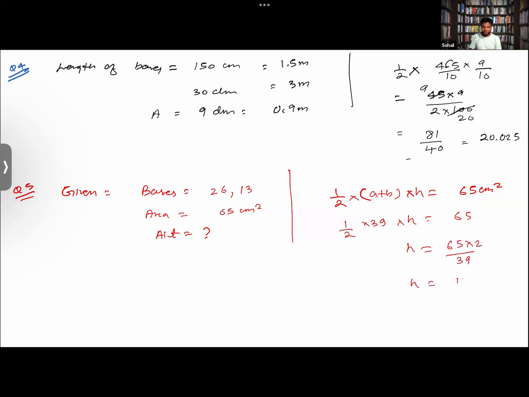So height equals 130 upon 39. Now we can also do 2 ones are 2 and 2 into 13, and 13 ones are 13. We can do that as well. 3 13s are 39 here. 13 tens are 130. So 10 upon 3. So 10 upon 3 would be the correct answer, no? In decimal, it would be 3.3 centimeter, not 5.